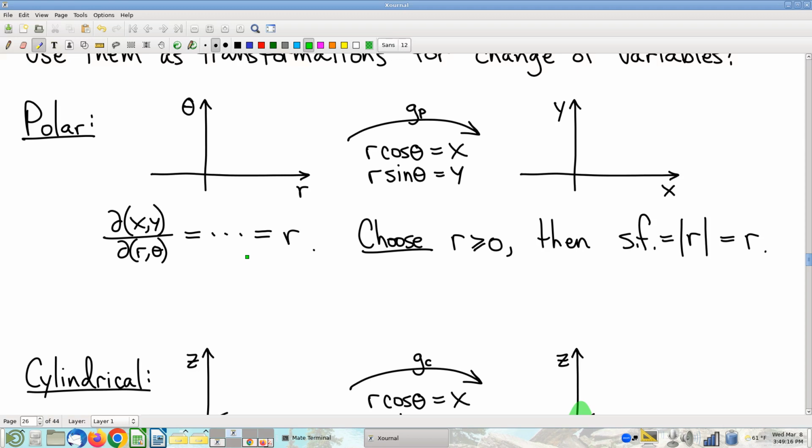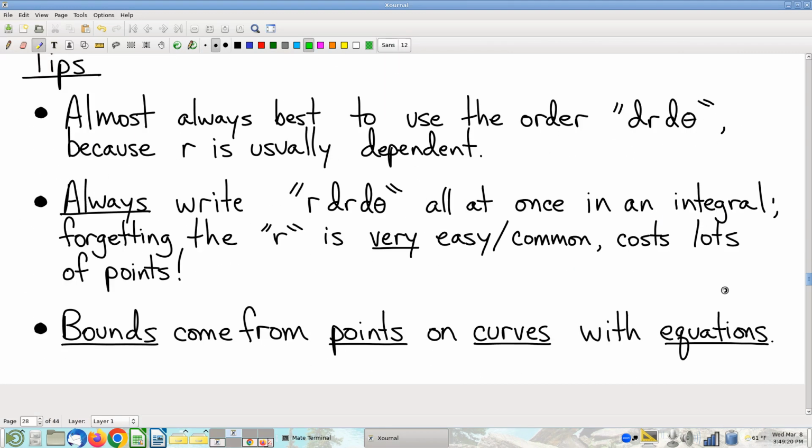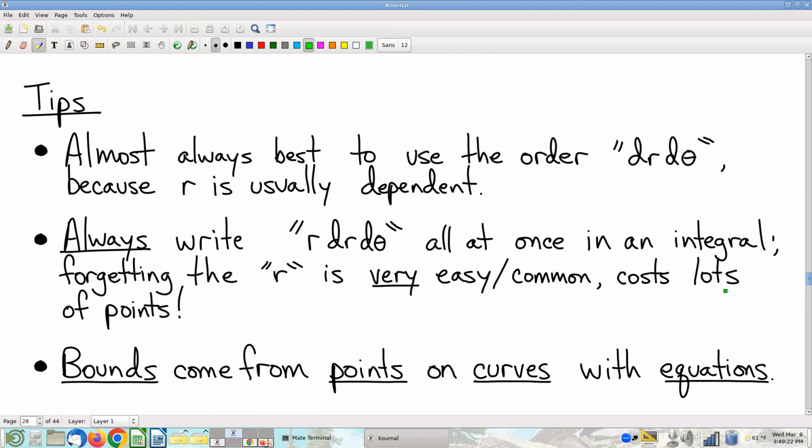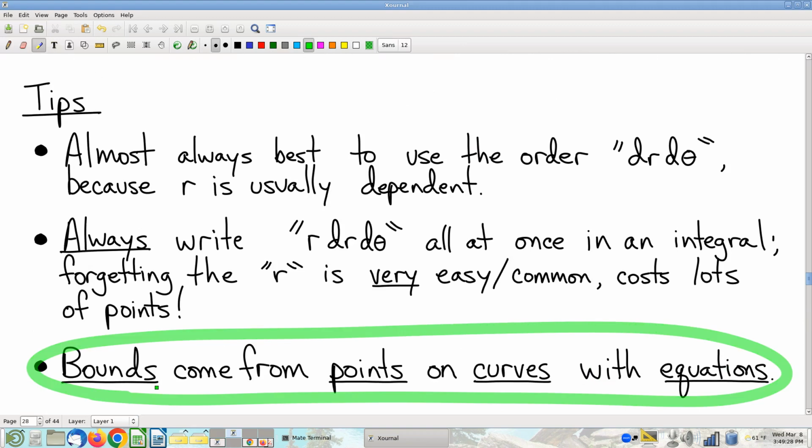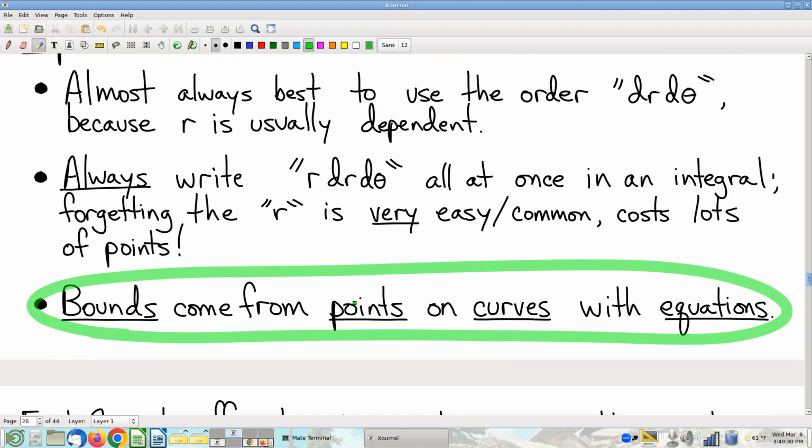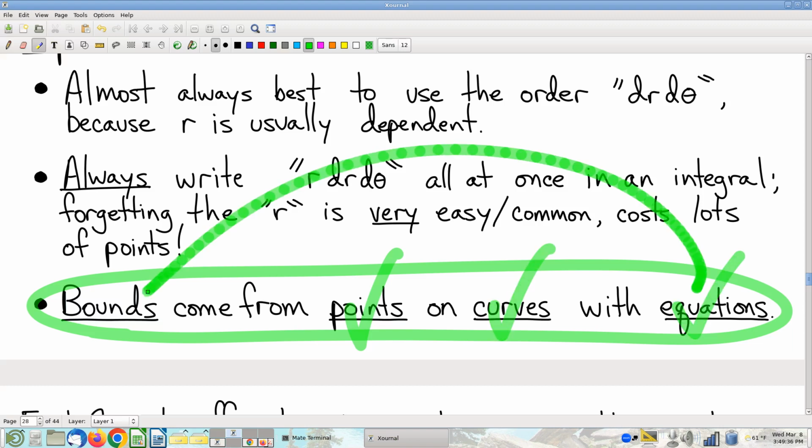But other than that, you can just cite the stretching factor. Okay. And then don't forget, we understand our bounds as coming from geometric observations about which points those bounds happen at, and which curves they are on, and which equations they have, which I can then solve for the bounds, just like with every other kind of integrals we've ever done. Okay, more examples.